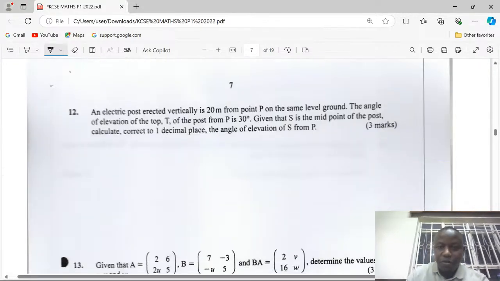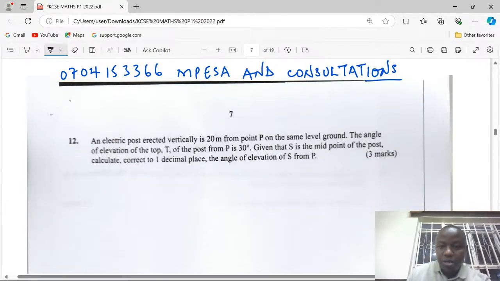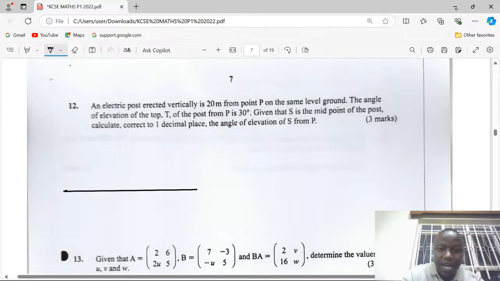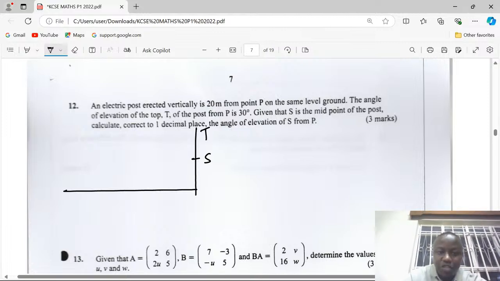Let's first of all sketch this information. We are talking of a level ground whereby there is a post and also a point P. Then the post is vertical. Remember, the post also has a midpoint which is called S. The top is T, and we are saying the angle of elevation to the top from a point P on the ground is exactly 30 degrees.